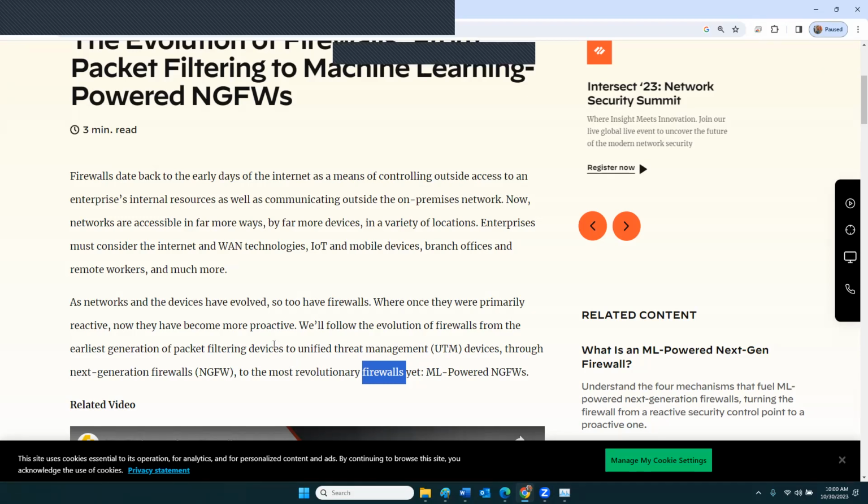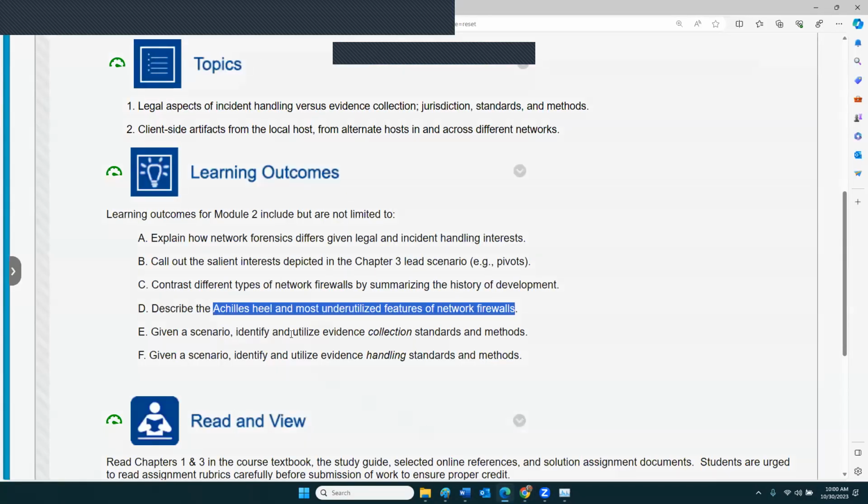The most underutilized feature of a firewall is the outbound rules. What am I saying? When you look at every firewall, everybody focuses on the inbound rules, because if somebody clicks on a link or executes software that opens a port and goes out on the network, the system assumes that the user wants to do that.